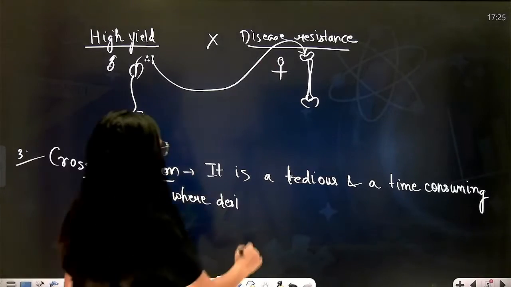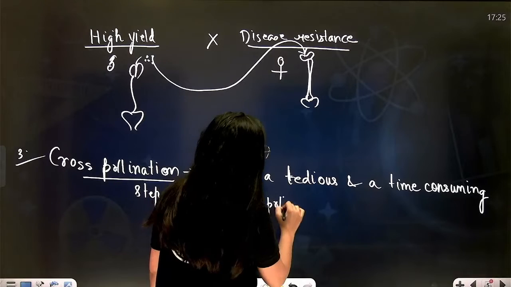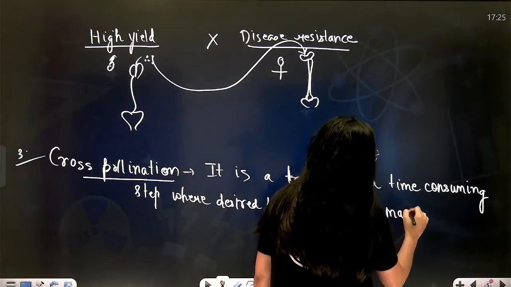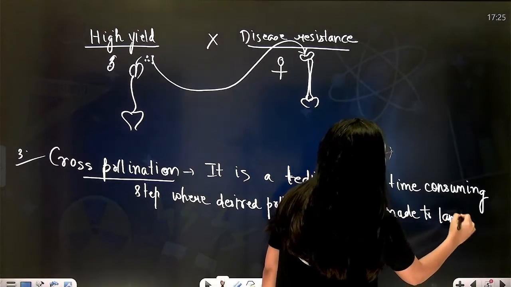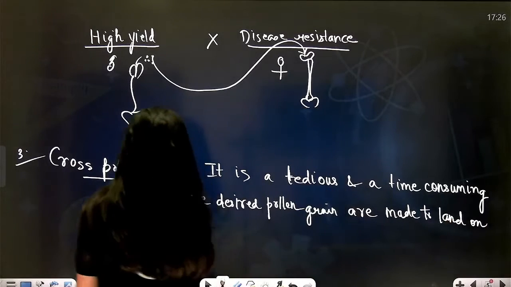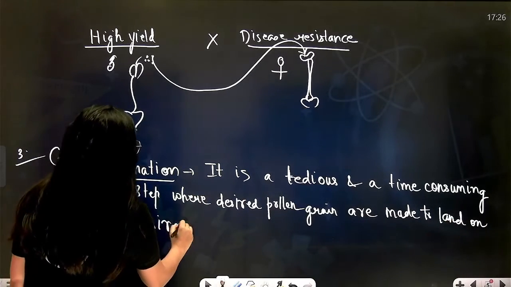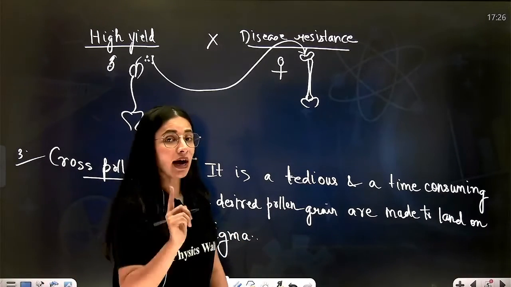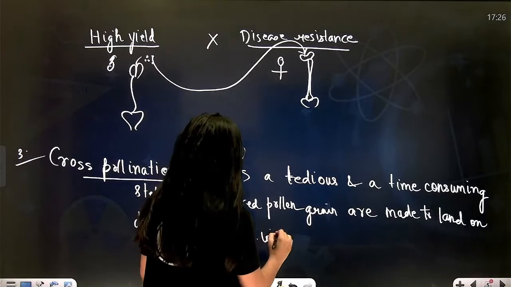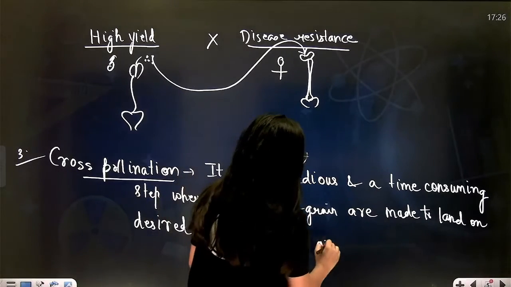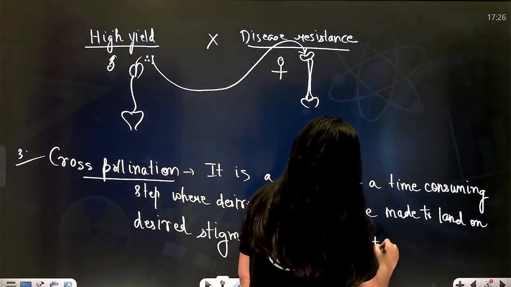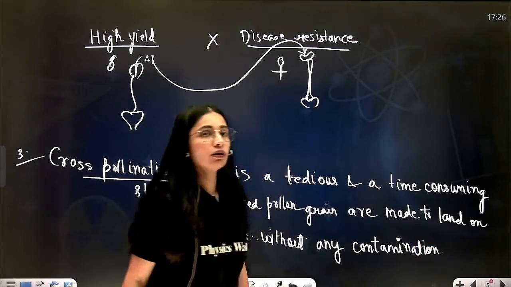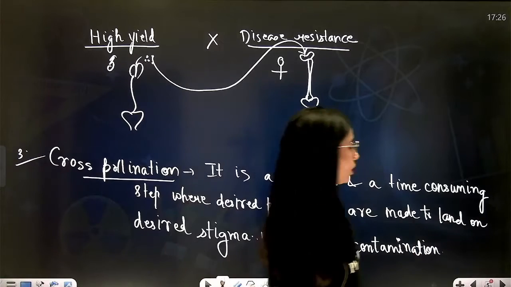It is a time consuming step where desired pollen grain is made to land on desired stigma. Right? Without any contamination. Contamination should not take place. So this is the third important step.